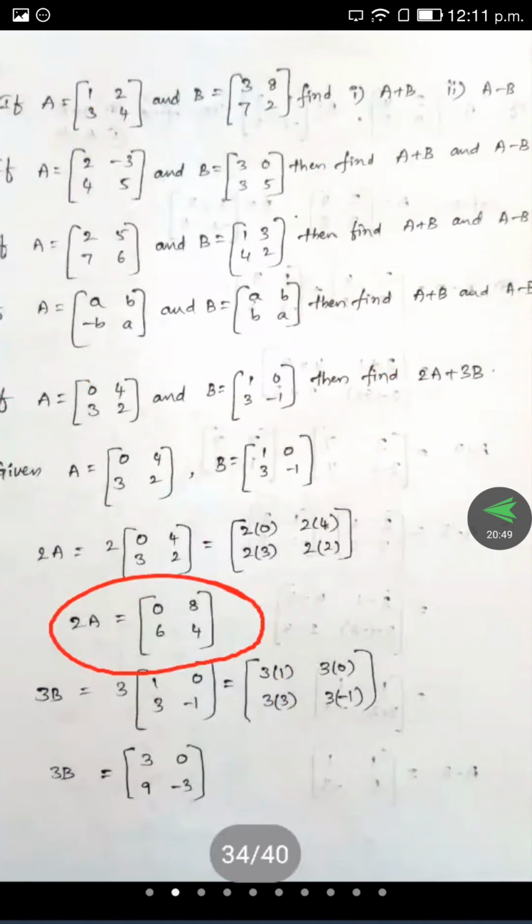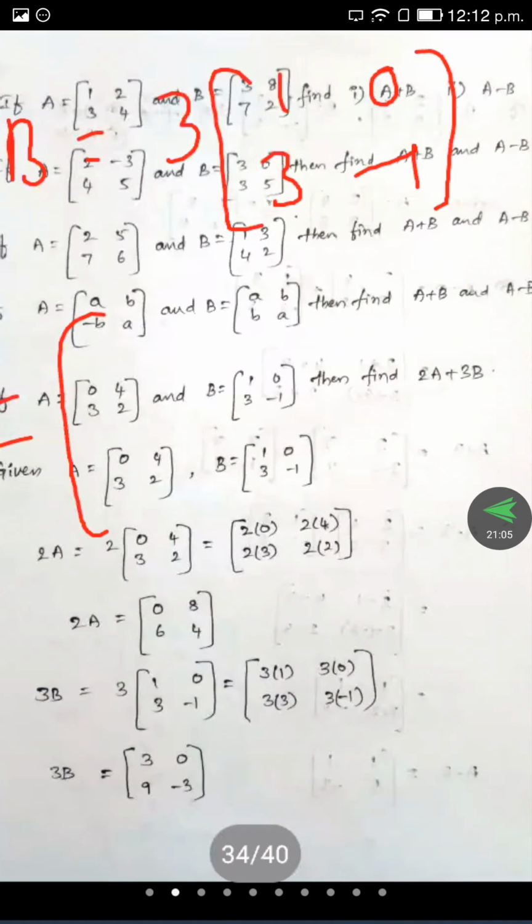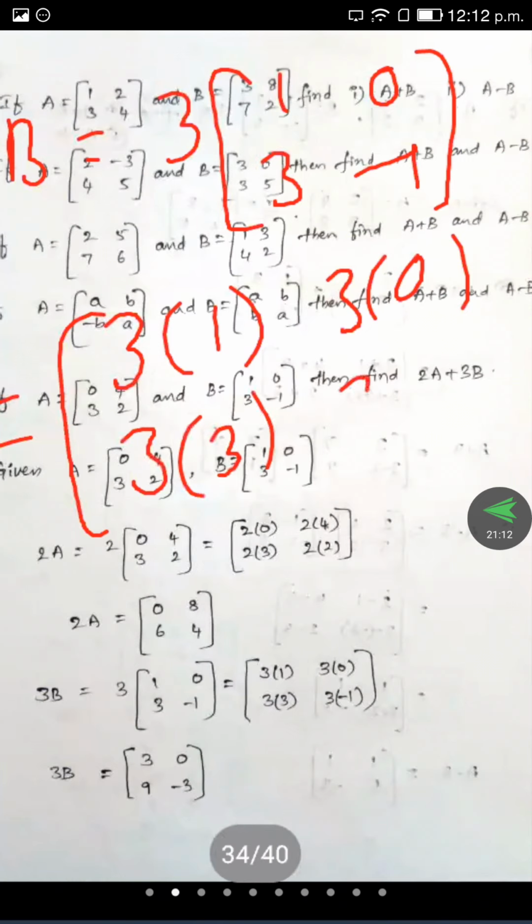Right. Next, 3B, so 3 into B. 3B is equal to 3 into the B matrix, 1, 0, 3, minus 1. So 3 is multiplied with each element of the matrix: 3 into 1, 3 into 0, 3 into 3, 3 into minus 1.